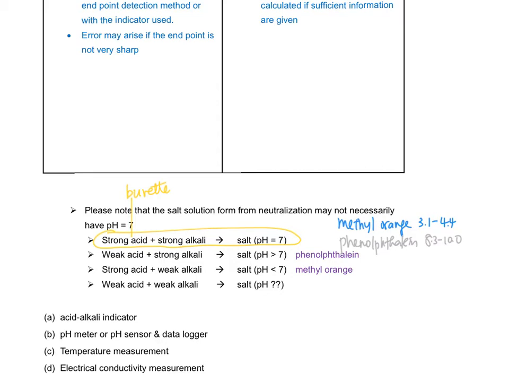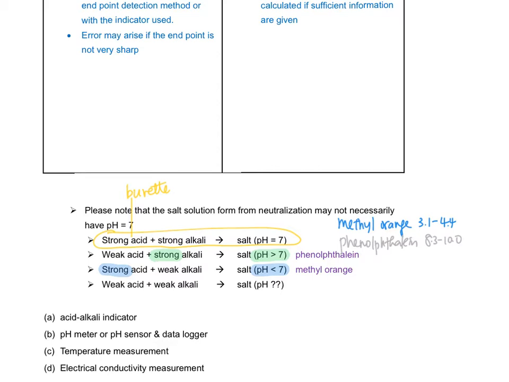If we have a reaction between weak acid and strong alkali, the salt will have pH larger than 7. So for this titration, we need to use phenolphthalein to indicate the endpoint, because phenolphthalein changes color in alkali medium. If we titrate strong acid with weak alkali, the salt solution will have pH smaller than 7.